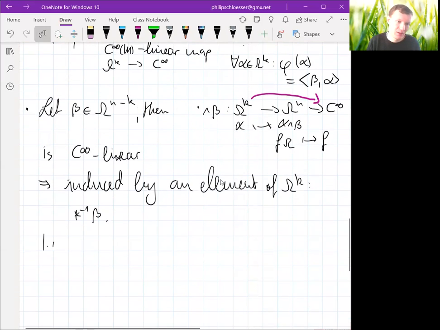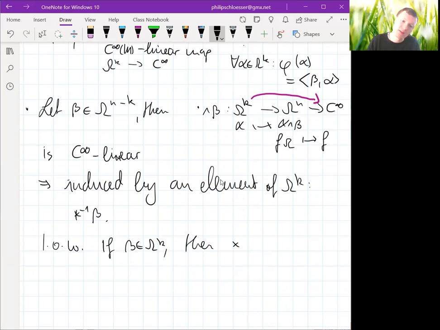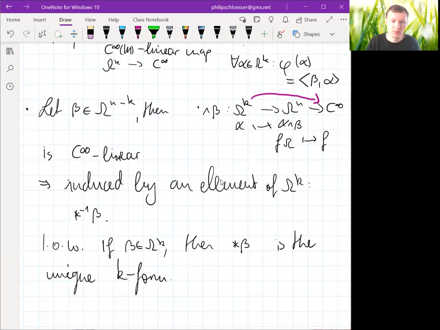What does this mean? In other words, if now beta is a k-form, then star beta is the unique k-form such that for all other k-forms alpha, we have alpha wedge star beta is equal to the inner product of alpha and beta.